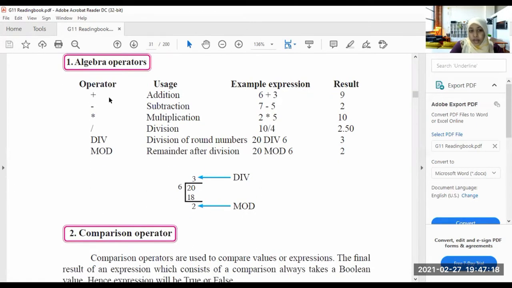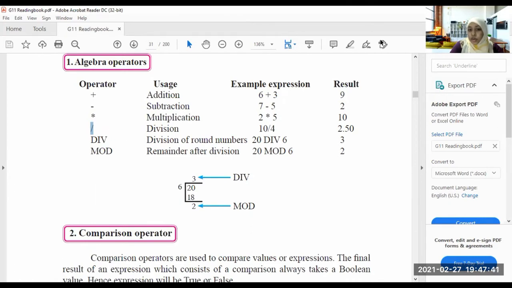So the operators are the addition, the plus, minus, and the multiplication, which is a star. This is division, and div and mod. So plus is addition, minus is subtraction, the star is multiplication, the slash is division.